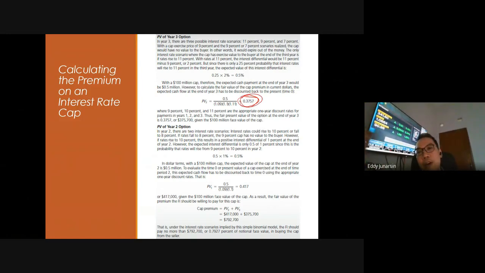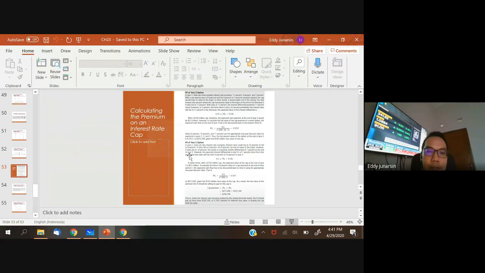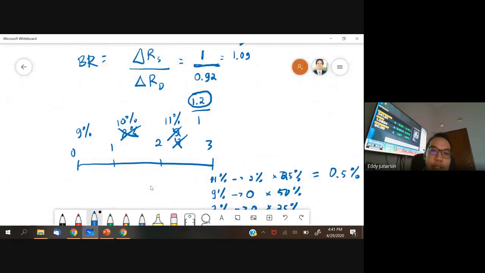Okay, so this is the present value of, again, the value of the option in year 3, right? So the value of the option in year 3 would be 500,000, but if we find the present value of it right now, this would be around 375,700, and with the interest rate, right? So one more time, with the interest rate, we see here in the first year is 9% for sure.